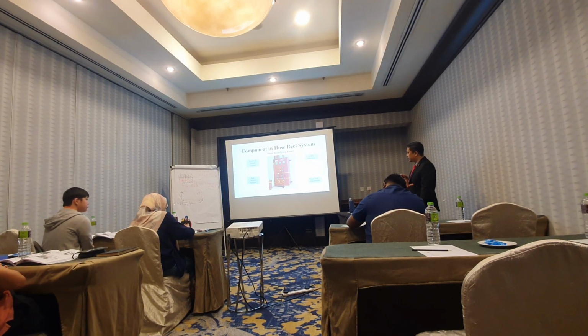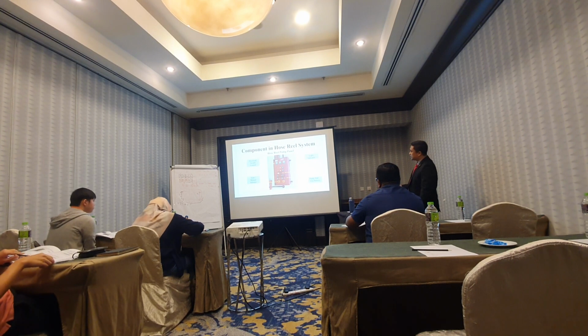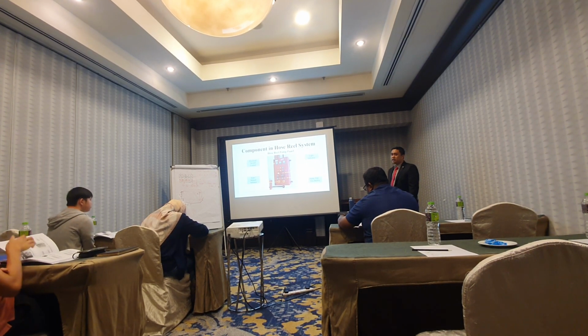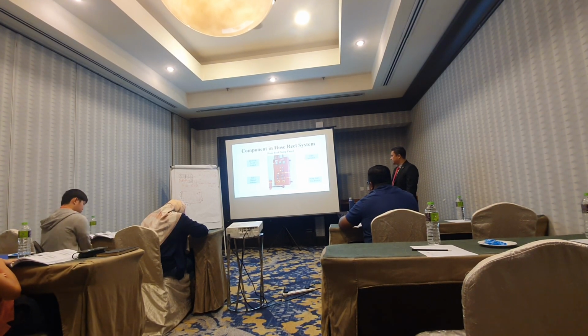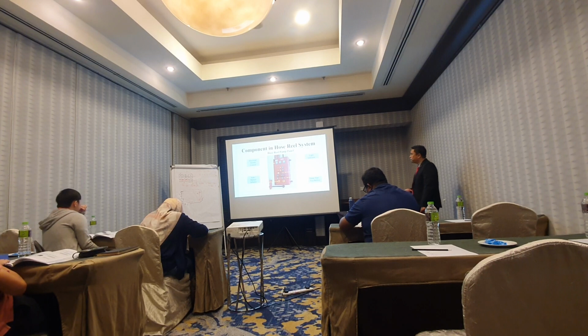Other than that, essential power supply dengan non-essential power supply semuanya bergantung dekat board ni lah. At this board, you can do a selector the auto or manual switch, and here you can see the electrical control switch, the indicator light, and the other part is push button for you to test the pump.